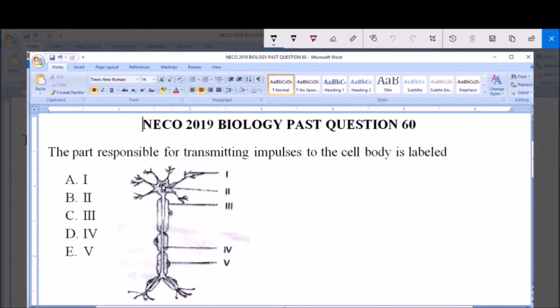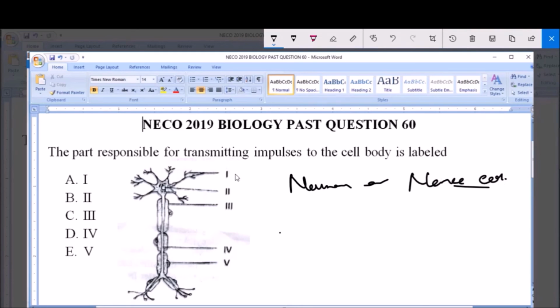The part responsible for transmitting impulses to the cell body is labeled A, I, B, II, C, III, D, IV, and E, V. Like we know, this diagram represents the diagram of a neuron or a nerve cell, and it has several parts.